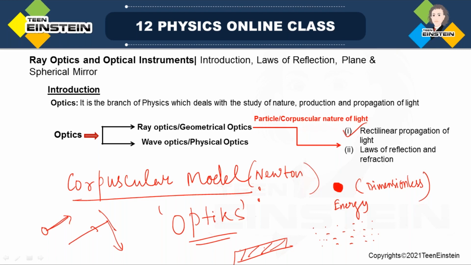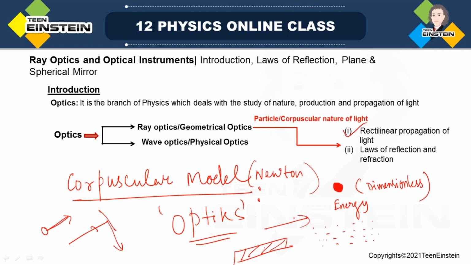So if you think that light is composed of such tiny particles having some energy, then the path of the light will always be a straight line. So this is the main fact in ray optics.